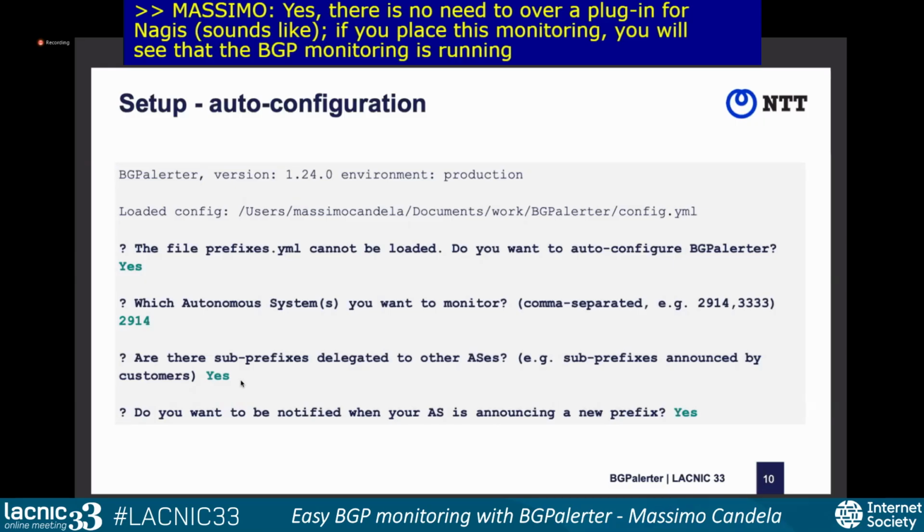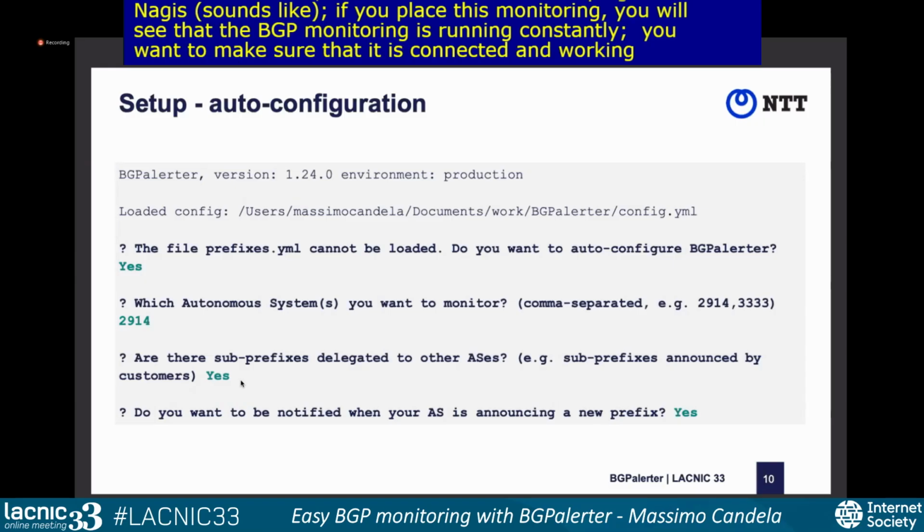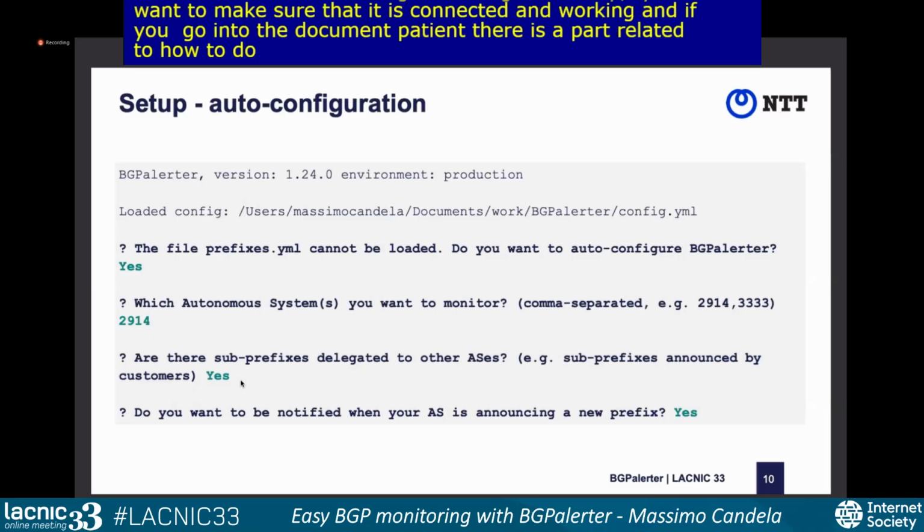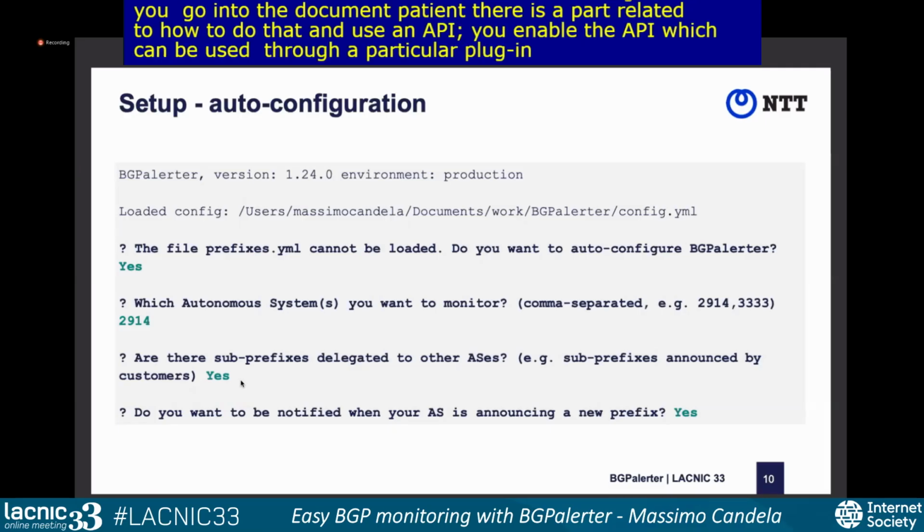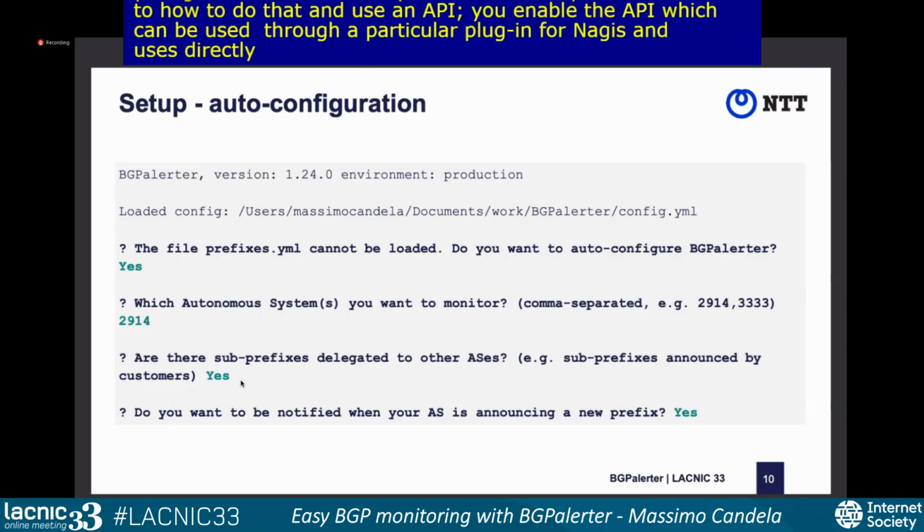In the documentation there is a part on how to do that with an API. You enable an API, and there is an HTTP plugin for Nagios that you can use directly to configure it automatically. The same thing can be done for the reporting. There are plugins for doing that. So yes.